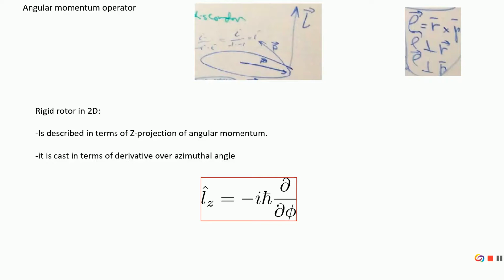The quicker it rotates, the heavier the thing rotates, the higher the angular momentum.